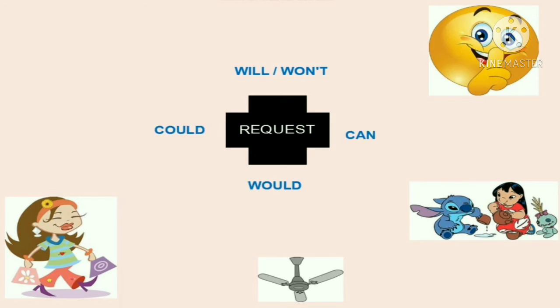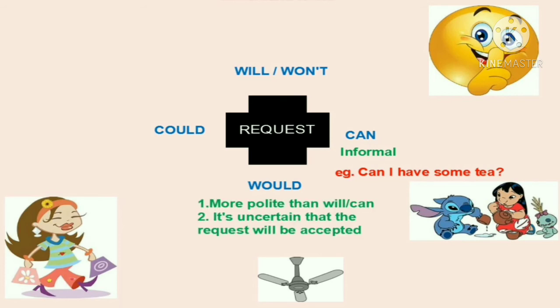Moving further to the word request. So the modals that suggest requests are will or won't, would, can, could. Can is used in an informal way. For example, can I have some tea? Would is more polite than will or can, and it's uncertain that the request will be accepted.